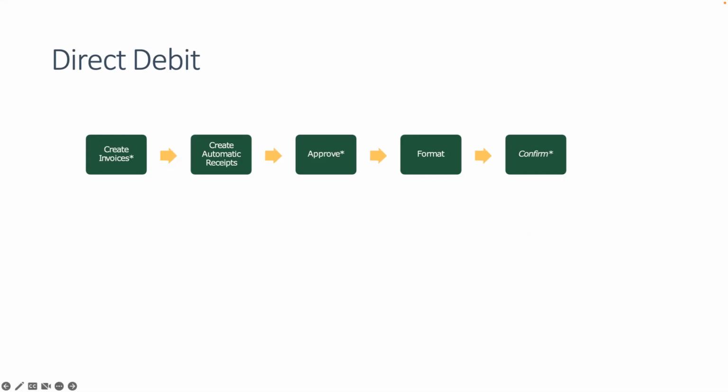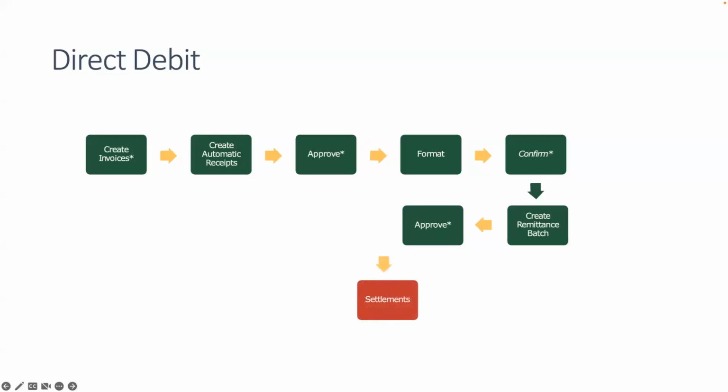So you confirm, you create your remittance batch, you then approve. Then you go to settlements, which is where we went, you create your settlement batches, and then you transmit to the bank. That's basically the flow of what happens.